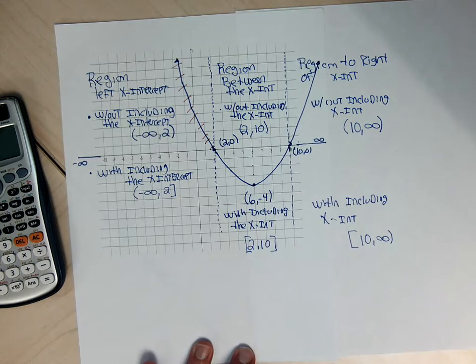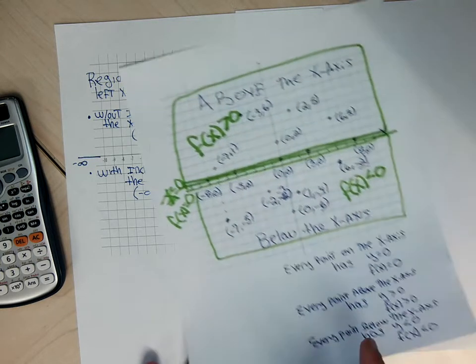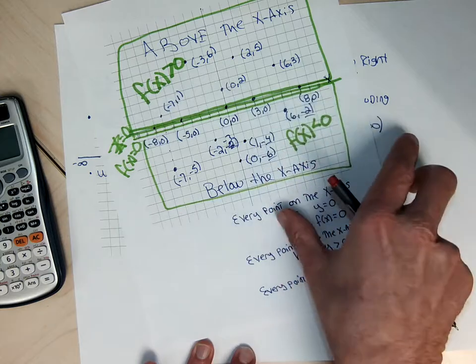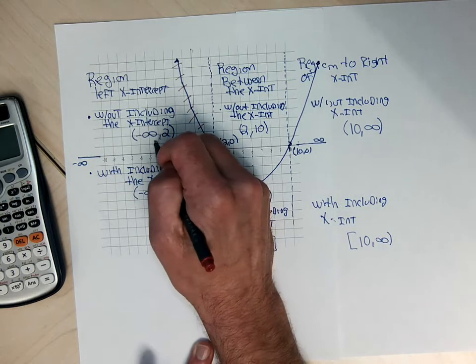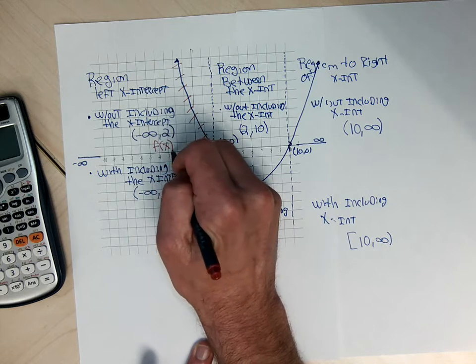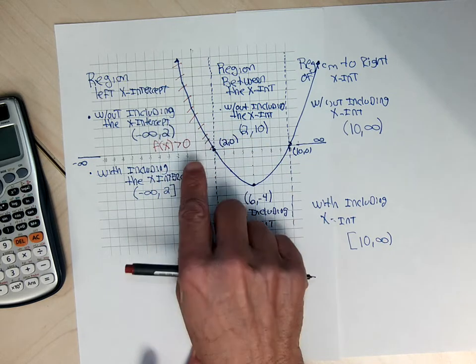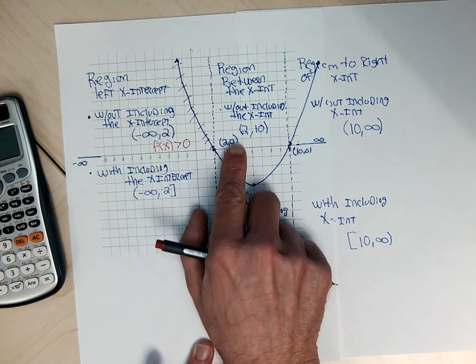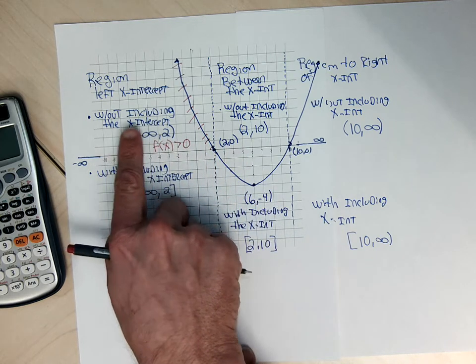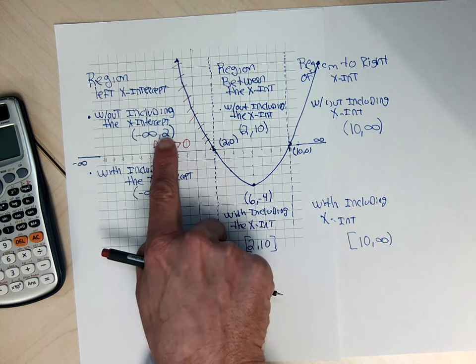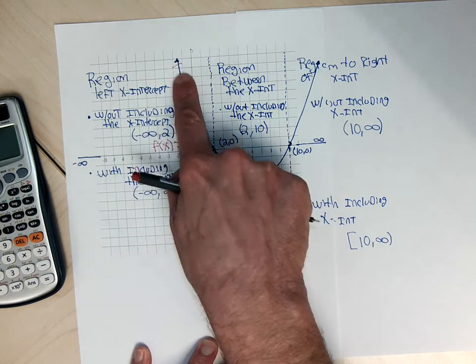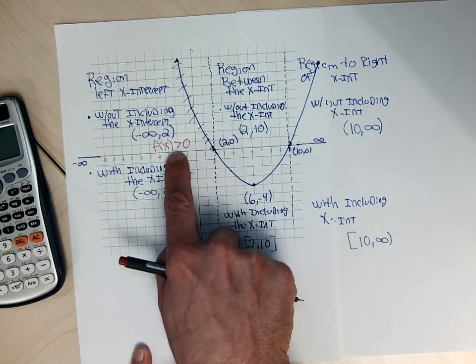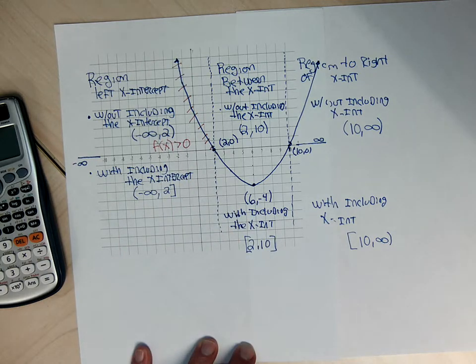When points are above the x-axis, the y's are greater than 0. So in this region, every single y is strictly positive, and I don't have any y's that are exactly 0 because I'm excluding the x-intercept. So all the y's are greater than 0, or if it's a function, f(x) is greater than 0.